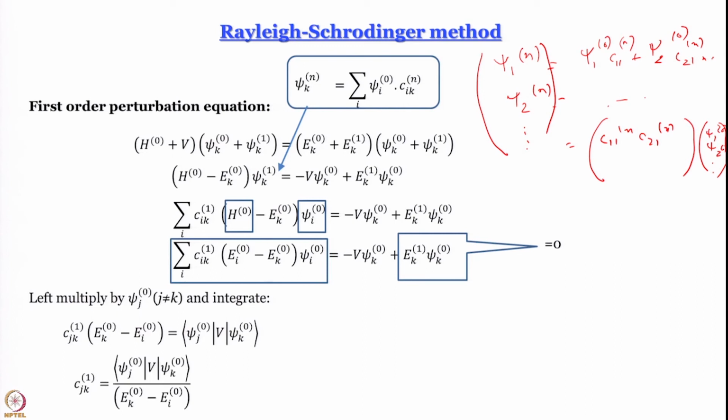So, now I have written i everywhere, it should have been j, sorry. So, Cjk 1th is equal to the integral of psi j 0, I will just write it by hand at least.